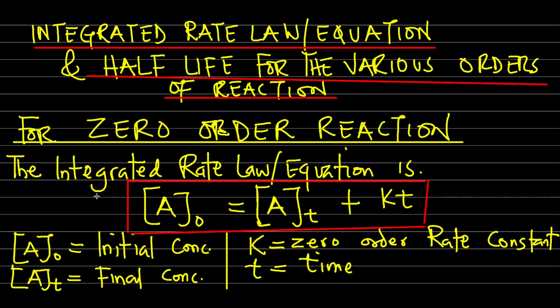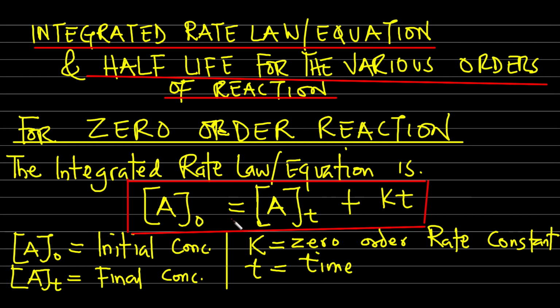If you look at this particular one here, the rate law for a zero order reaction is A0 equals AT plus KT. What is A0, if I may ask? A0 is the initial concentration of the reactant. AT is the final concentration of the reactant. T is time. K is the rate constant for zero order reaction, because this is the equation for zero order reaction.